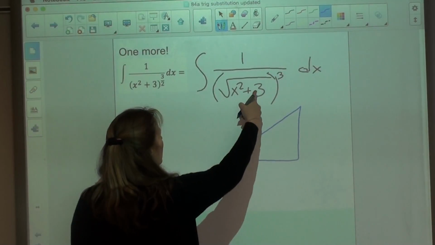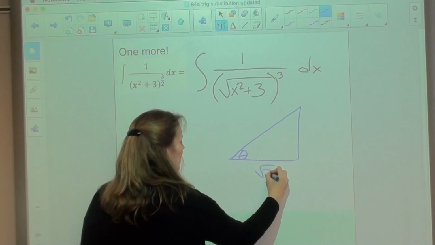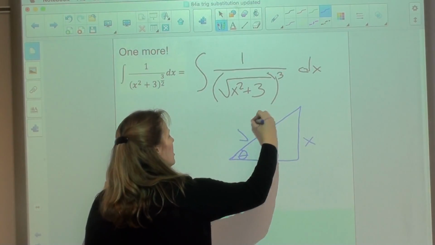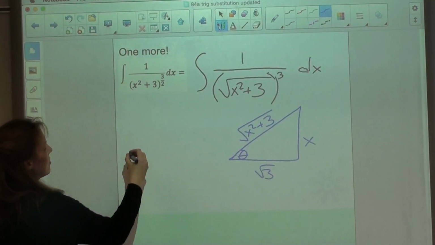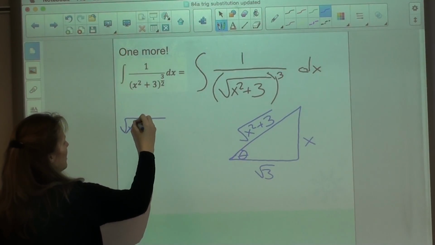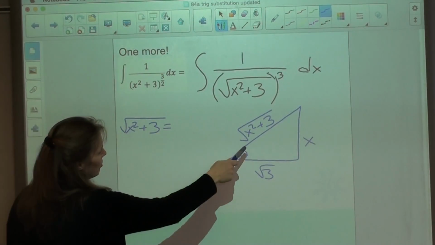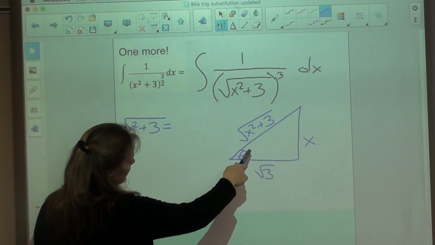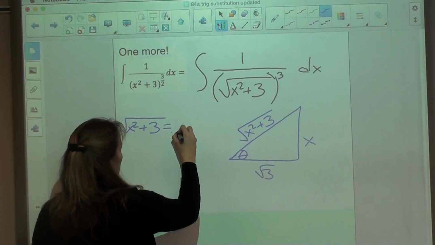Okay, what number would need to be on the bottom? Root 3. Good, so x is over here, square root of x squared plus 3. Secant theta is root x squared plus 3 over root 3, so this would be root 3 secant theta.